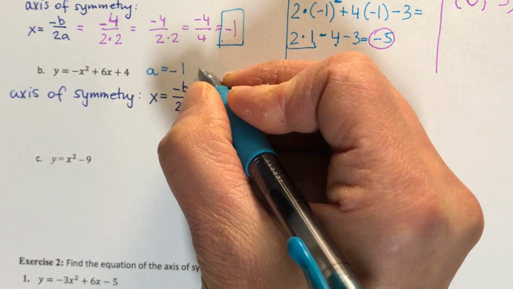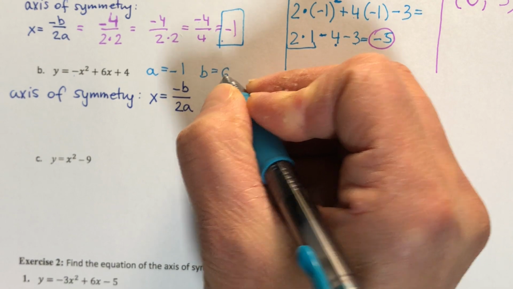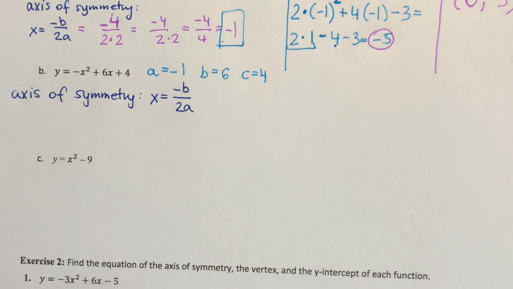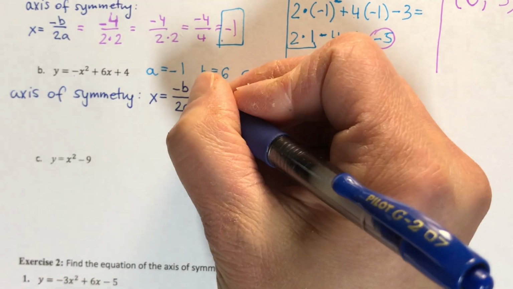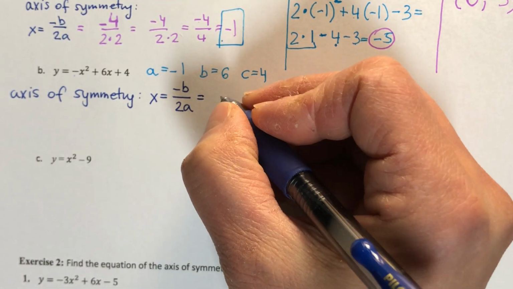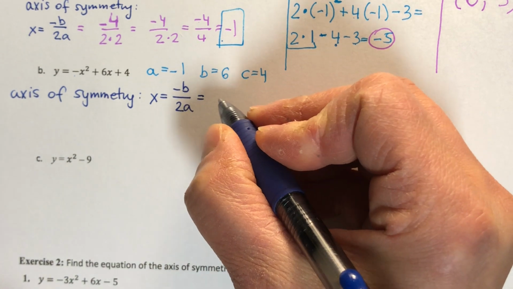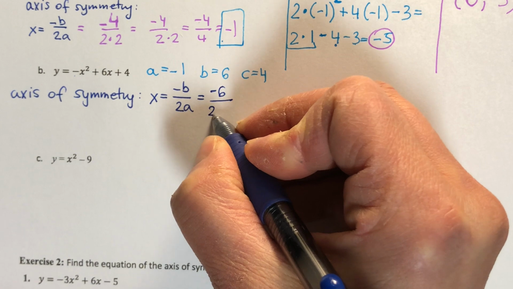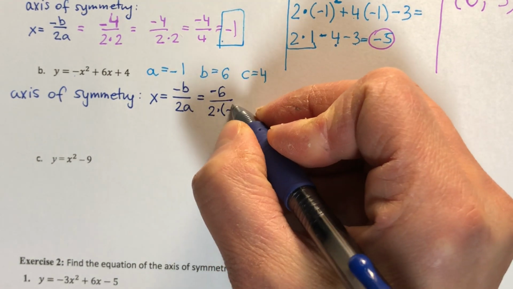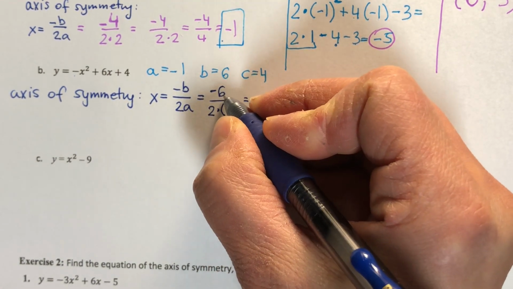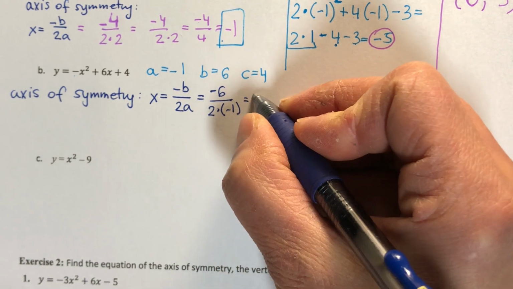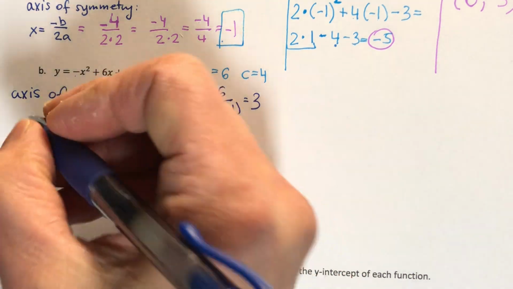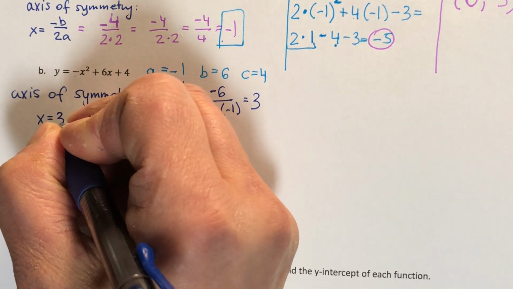Well, that's -1. b is equivalent to 6, and c is equivalent to 4. So now for my axis of symmetry, -b, that is -6 divided by 2 times a, which is -1. -6 divided by -2 is going to give me +3. The axis of symmetry is at x is equal to 3.